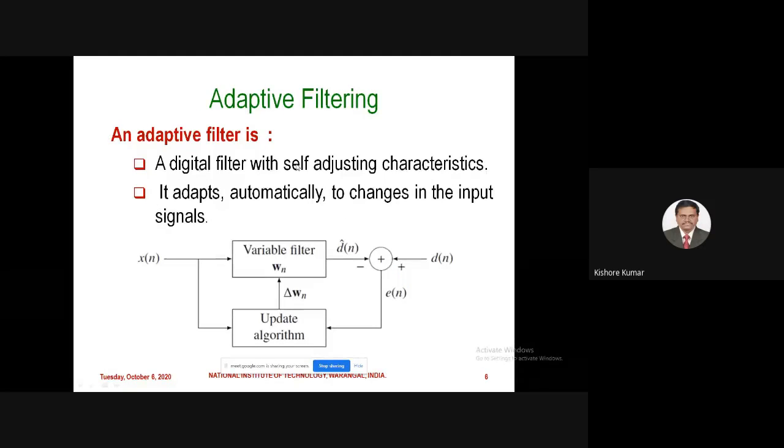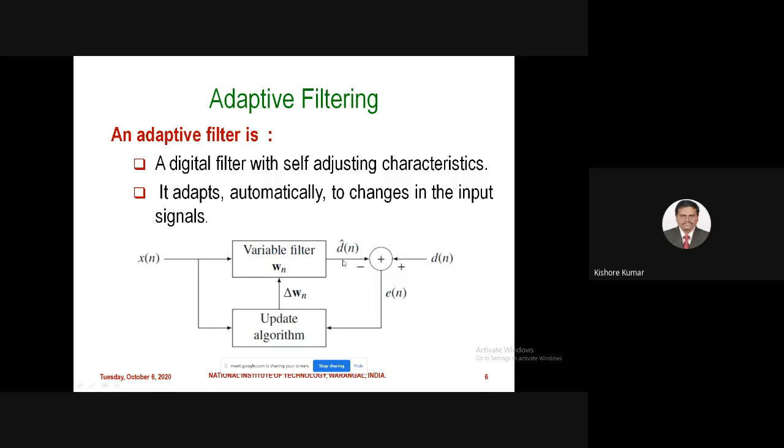So what is this adaptive filter? An adaptive filter is a digital filter with self-adjusting characteristics, and it adapts automatically to changes in the input signals. It has a variable filter, then there is an update algorithm. If you take this input x of n and apply the variable filter, there is an estimated signal, called the desired estimated signal. This is the desired signal.